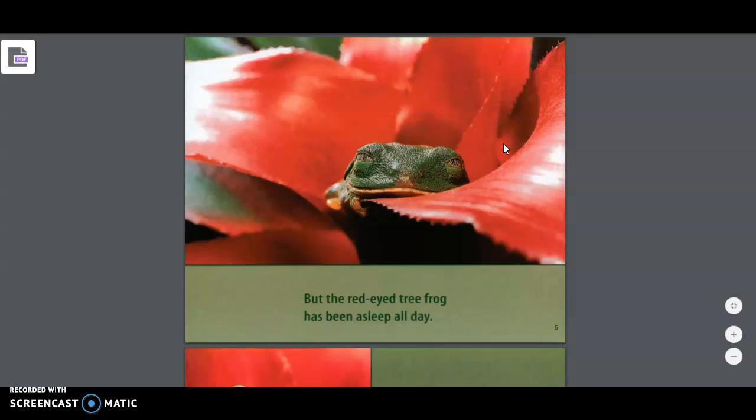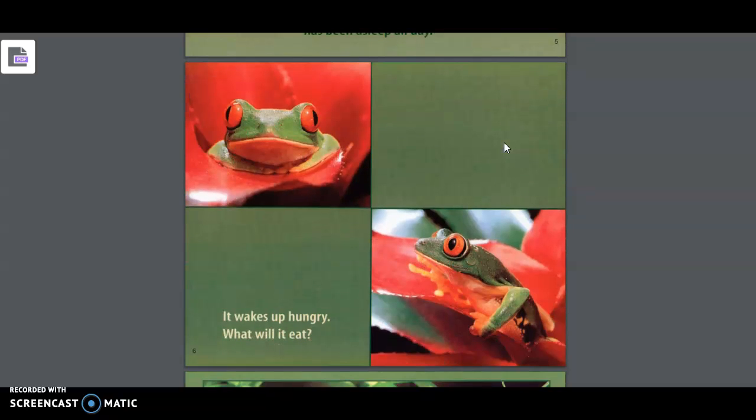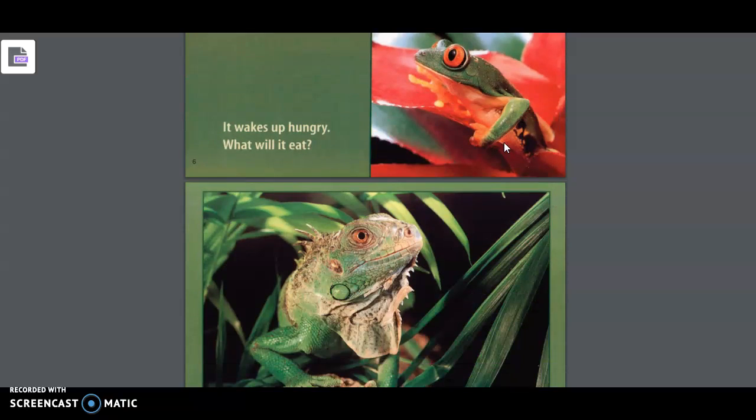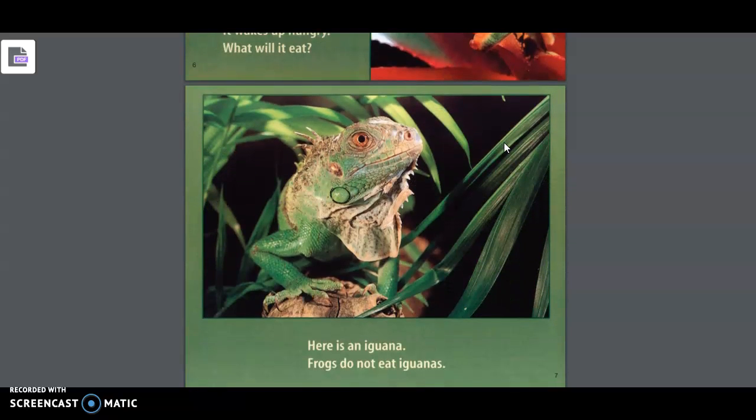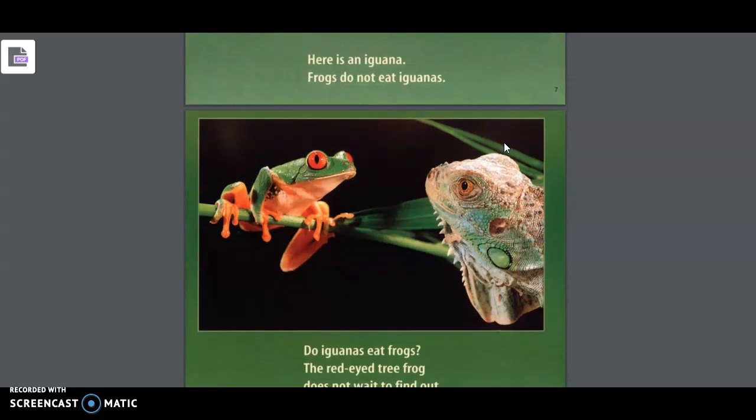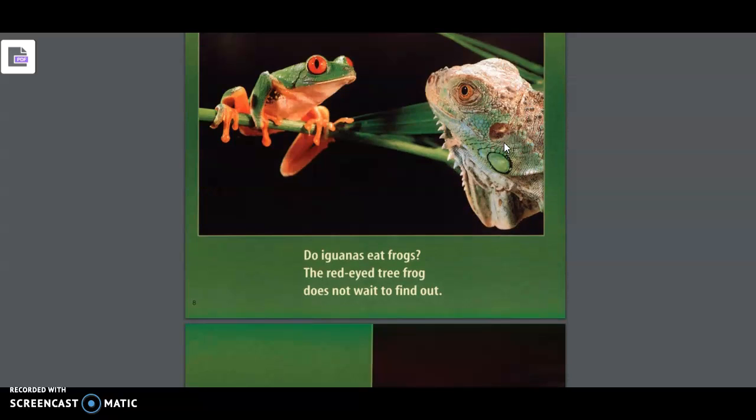But the red-eyed tree frog has been asleep all day. It wakes up hungry. What will it eat? Here is an iguana. Frogs do not eat iguanas. Do iguanas eat frogs?